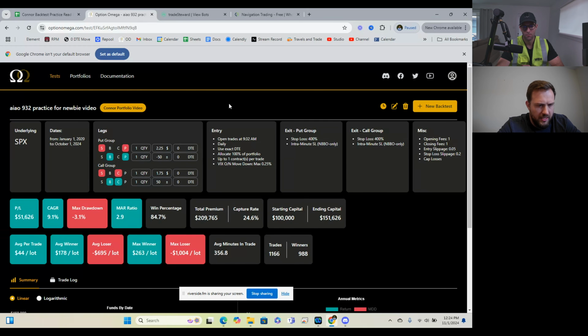I started seeing that around the 2 mark on the put side and the 1.50, 1.75 mark on the call side, that's where I was getting the best CAGRs, the best P&L and the bars and everything that we were looking for.